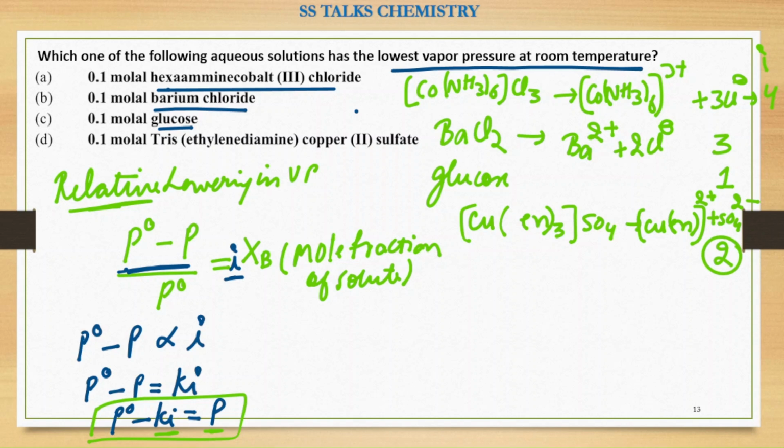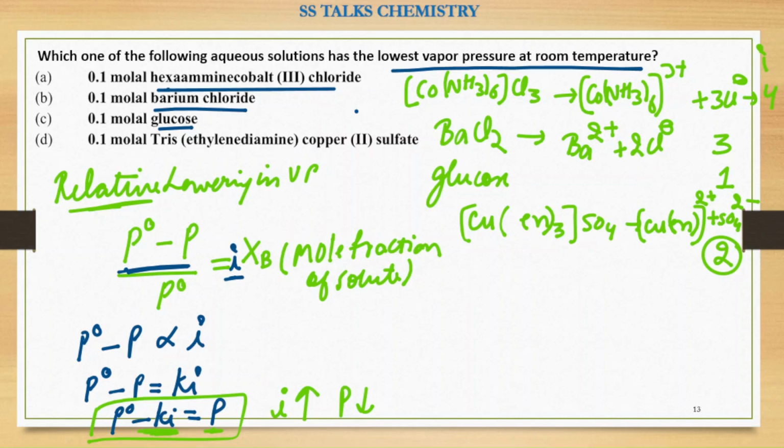So here if you see, the more this i value, the lesser will be this vapor pressure, right? So as i increases, the pressure is going to decrease because something is being subtracted from here. From this relation you can observe this.